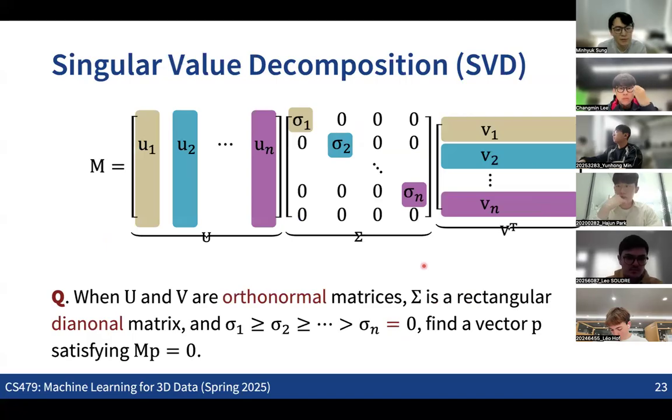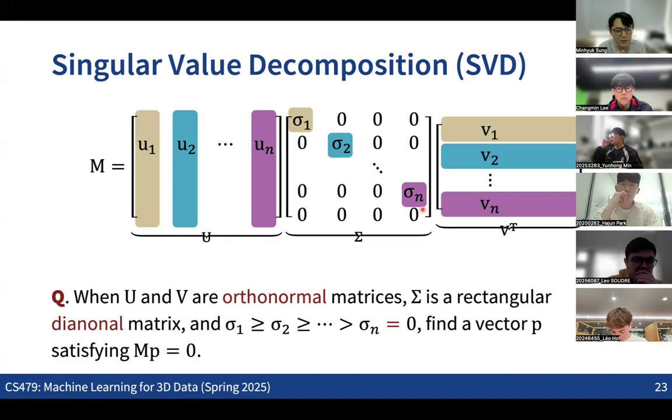Either when there exists a non-zero solution or not, we take the rightmost vector in the V matrix, corresponding to the smallest singular value. If there exists a non-zero solution, then the smallest singular value will become 0, and the Vn here, the rightmost vector, will become the non-zero solution.